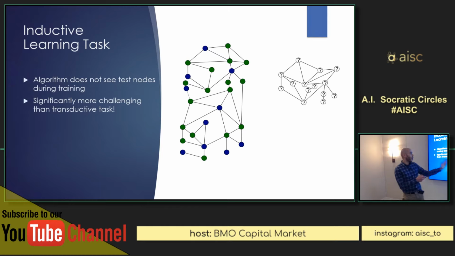So you learn on one graph. You learn what is blue, what is green on one graph. And then you get a completely unknown graph. All you're given is the set of feature vectors of each node, and your task is to predict the class of each node. This is node classification in an inductive learning setting.